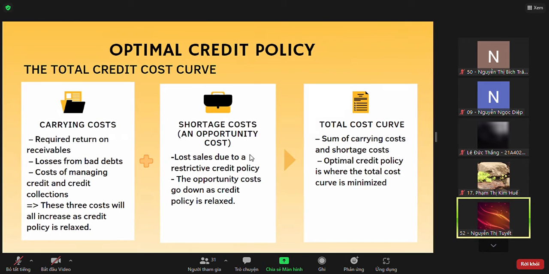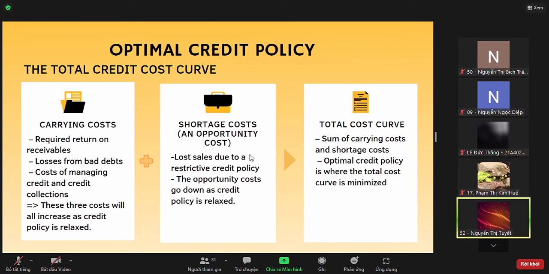Secondly, the shortage cost or opportunity cost is lost sales due to a restricted credit policy. If a firm has a very restrictive credit policy, all of the associated credit costs will be low.